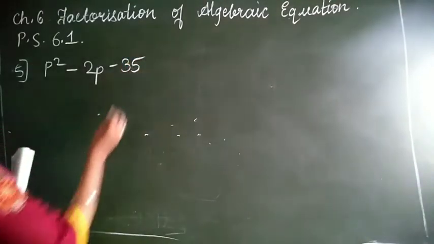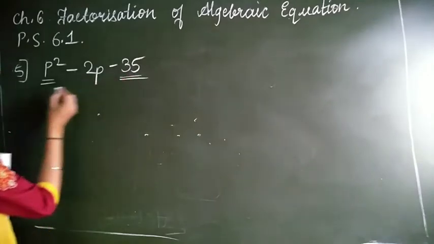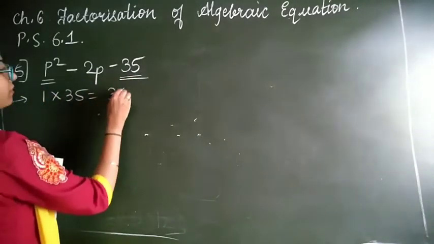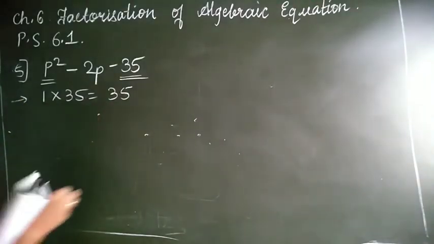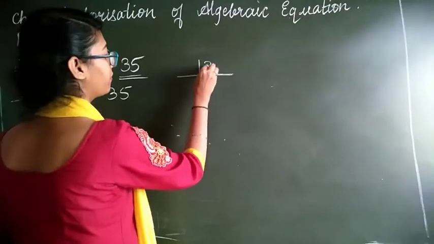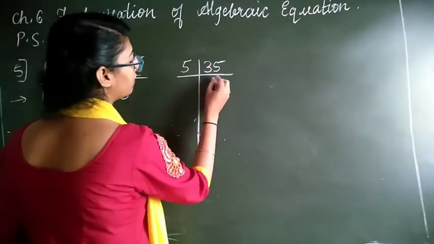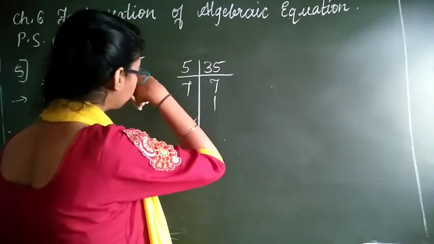It's 35. So in this, we will multiply first term and last term. 1 into 35 will be 35. So we have to find the factors of 35. 5 sevens are 35, 7 ones are 7.